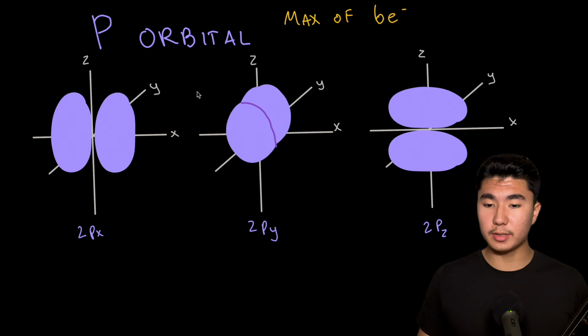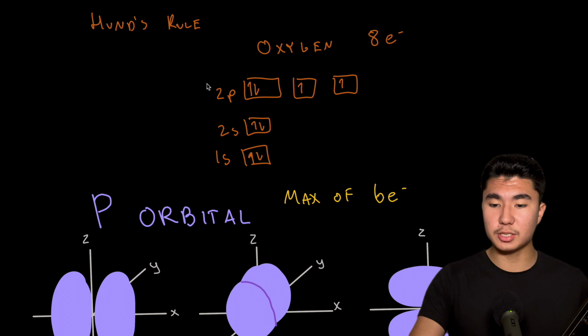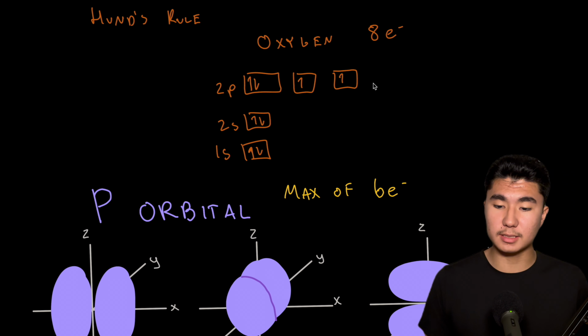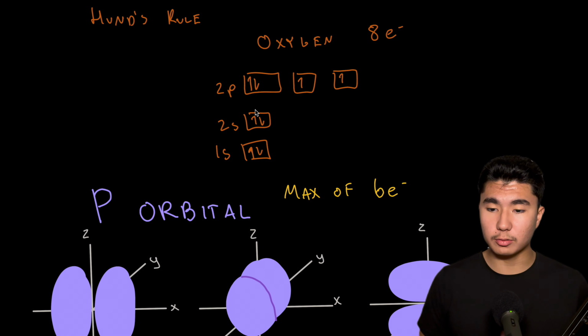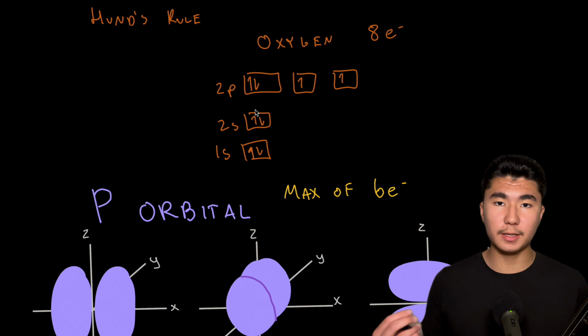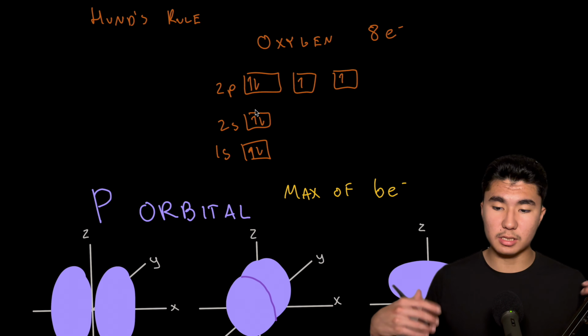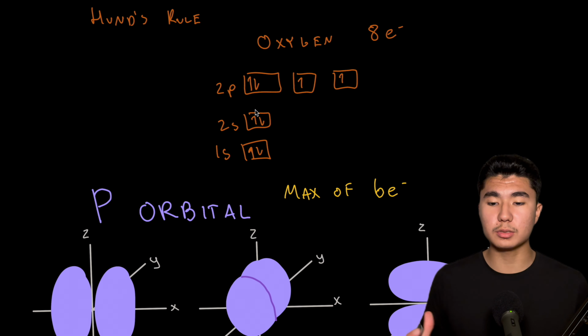When we were looking at oxygen over here, we had 3 boxes representing our 3 different p orbitals, and we can only fit 2 electrons in each of those orbitals, but in total we can fit a maximum of 6 electrons in our 2p.